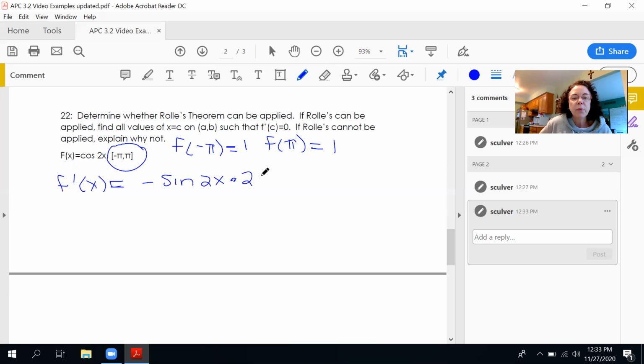And we are looking for where that equals 0. Notice I can divide both sides by a negative 2, and we get sine of 2x equals 0.